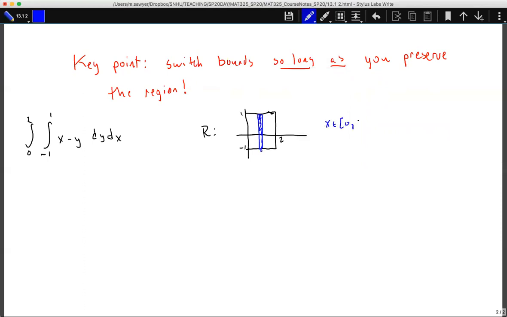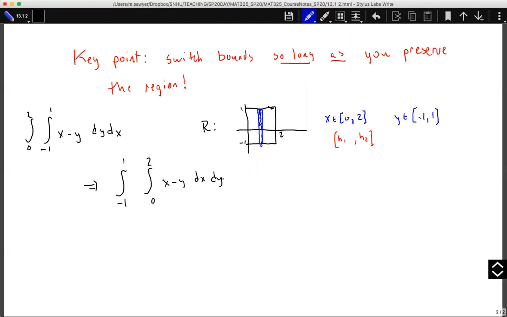So if we allow x to change from 0 to 2, and y is still changing from -1 to 1, we can rewrite our integral as y is now our constant on the outside, and we can think of x as a function of y, where these are our h1 and our h2. Even though they're constants, we can still think of them as functions of y. And then we preserve our inside surface, dx, dy, and we can check.